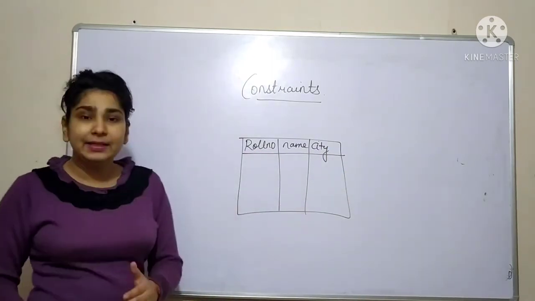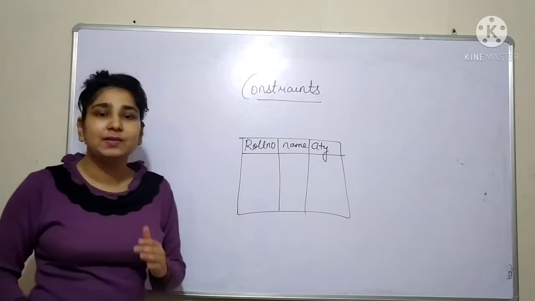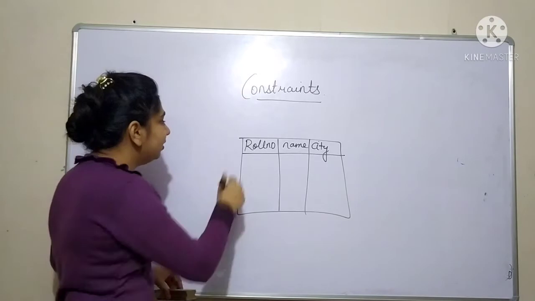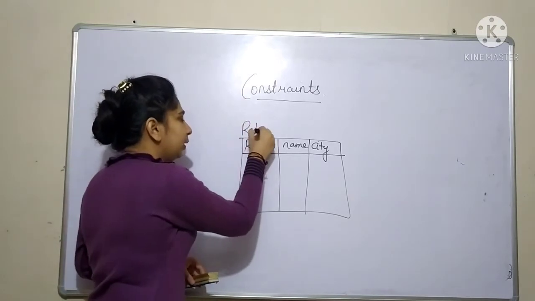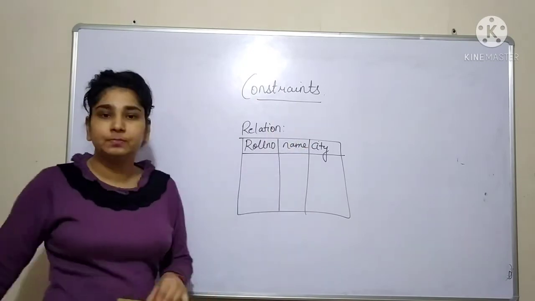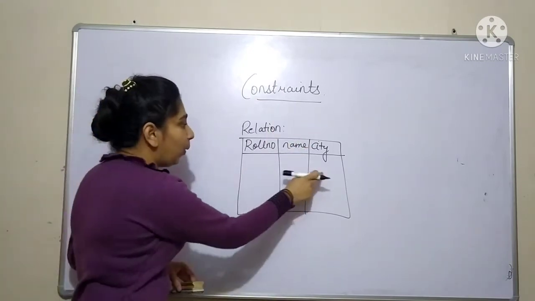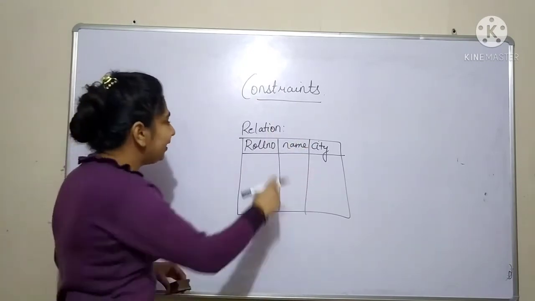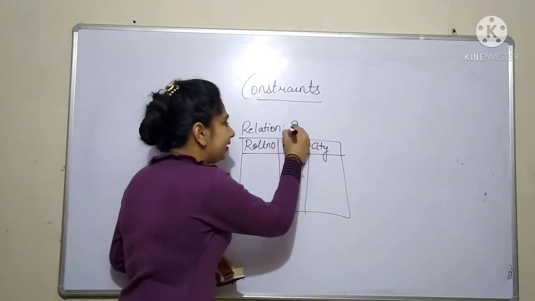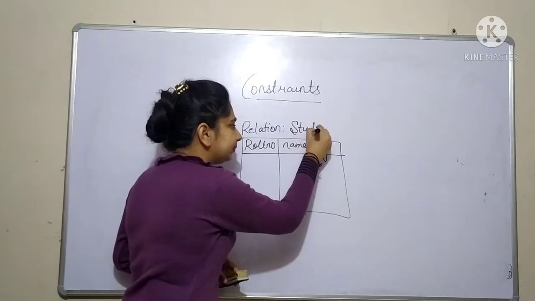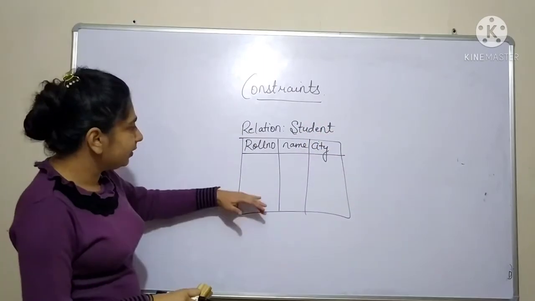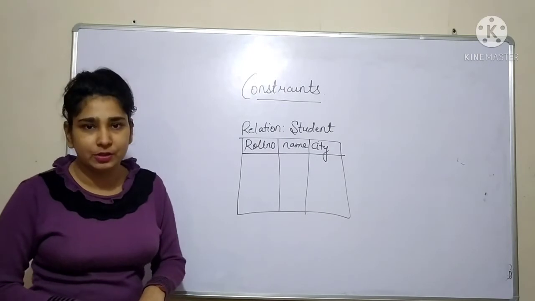In database management system we call a table a relation. What is the name of my relation? What is the name of my table? Let's suppose student. So this is our student relation.